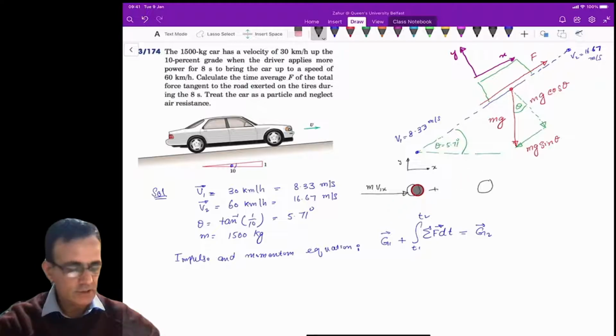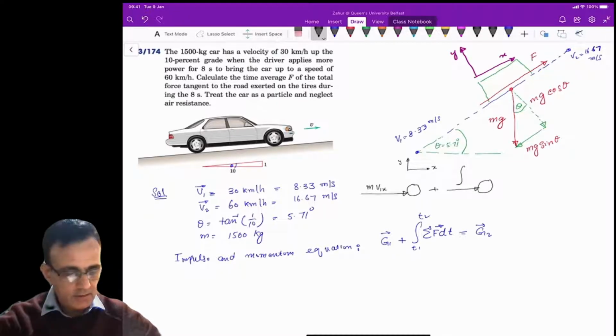Again, this is our car, which we are assuming is a particle, and then you have all the forces acting on the particle, or on the car, in the x direction. One is the applied force, which the driver needs to exert on the car to change its speed from v1 to v2, which is in the positive direction, because we want to increase the speed.